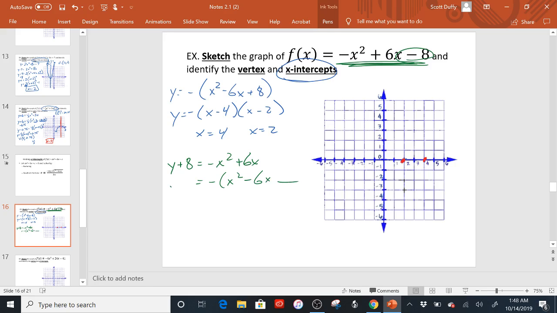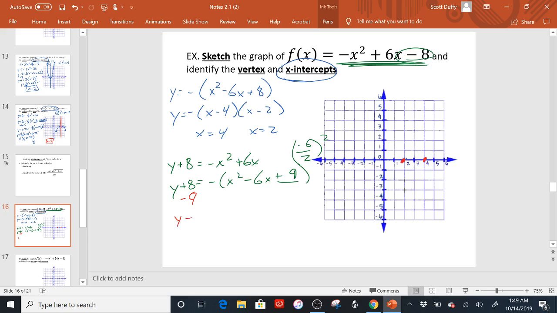And then you're asking, what do I have to add? So negative 6 divided by 2 squared is 9. So I'm adding 9, but really that's negative 9. So since I'm subtracting 9 from one side, I have to subtract 9 from the other.